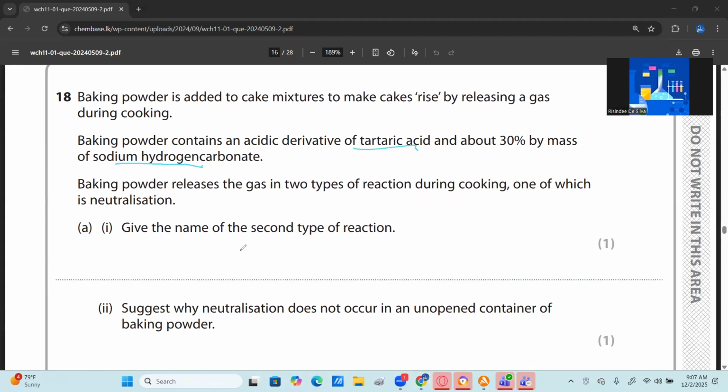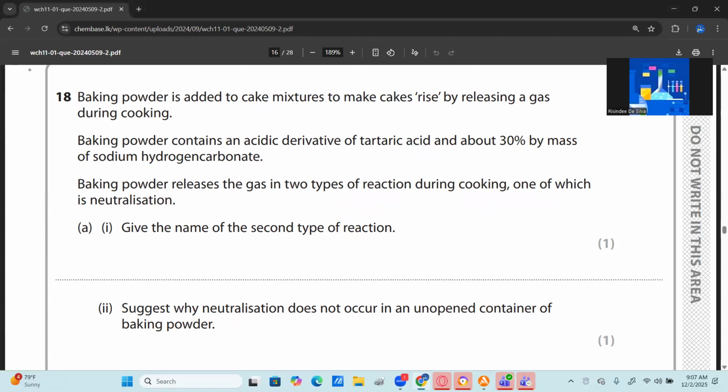The second type is thermal decomposition, because, children, when sodium hydrogen carbonate decomposes, you get sodium carbonate, carbon dioxide and water. So carbon dioxide is also formed when it undergoes thermal decomposition.